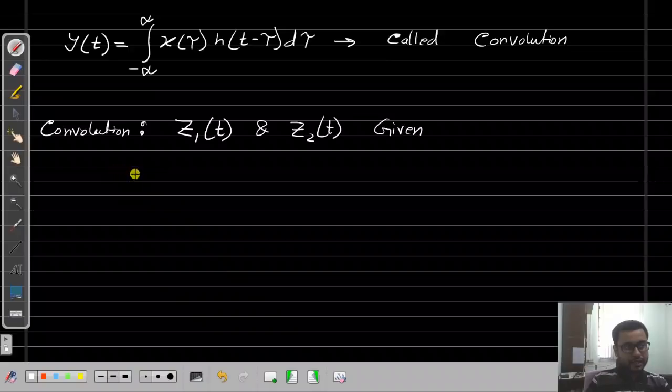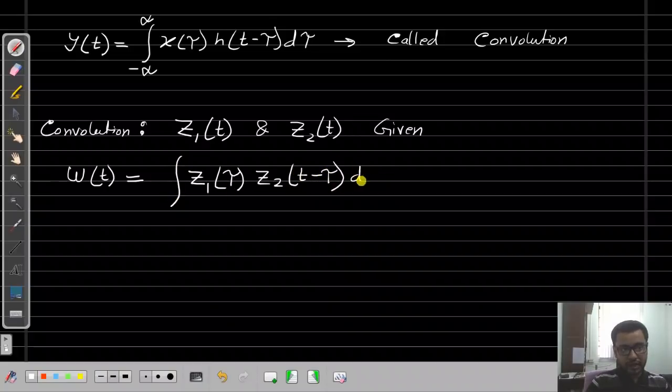Then let me define another function, call it w of t, written as the integral of z1 of tau multiplied by z2 of t minus tau, and then integrate over tau from minus infinity to infinity.